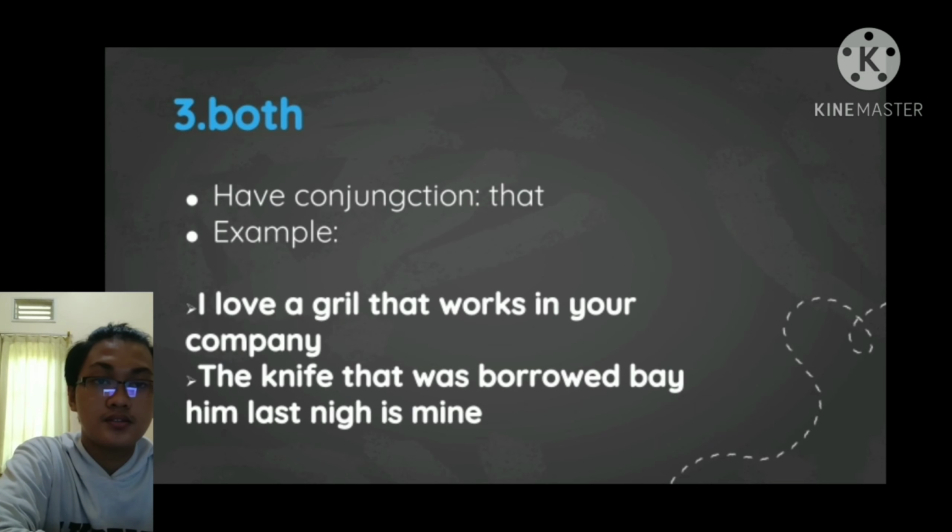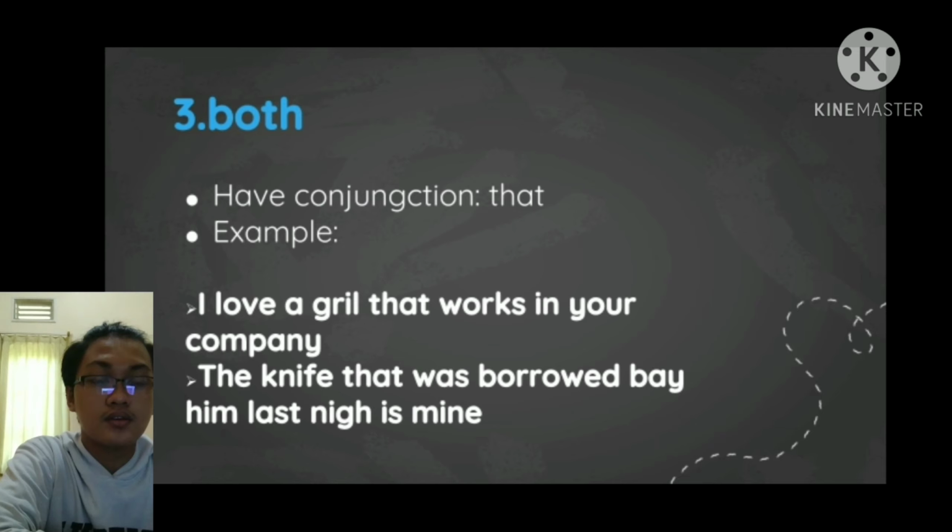And last is both. We use the conjunction that in here. For example, we take example one, person, and in here we change the conjunction who with that, and then the sentence is: I love the girl that works in your company.